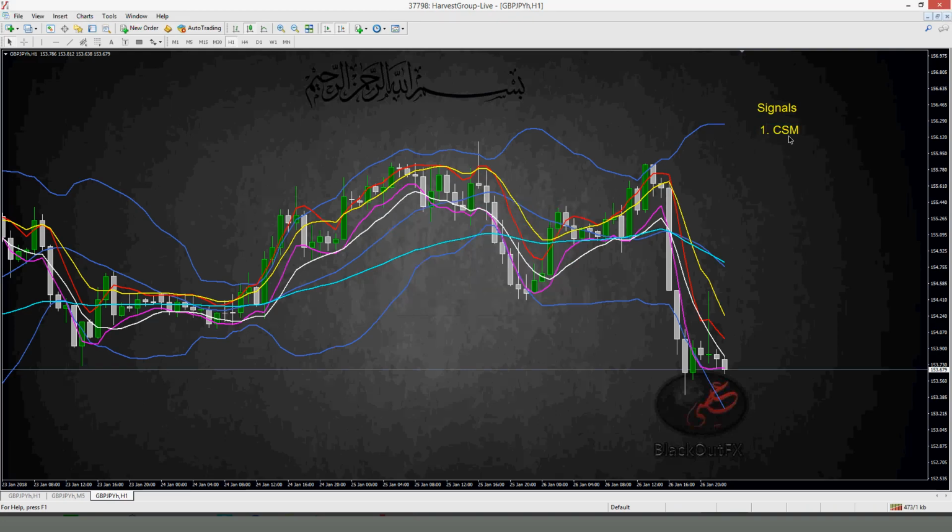As I said, its definition is the candle that closes outside the momentum linear band, where the top and low BB are pointing in the opposite direction. CSM is a signal of market strength, and every first CSM will create a re-entry, as you can see over here. Okay, so that's the first signal.